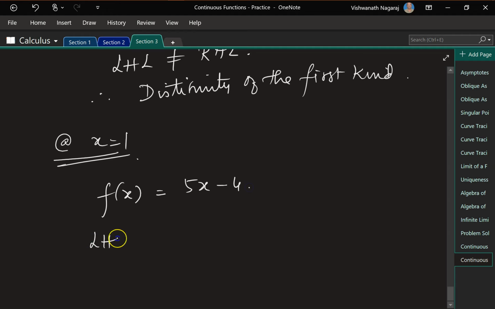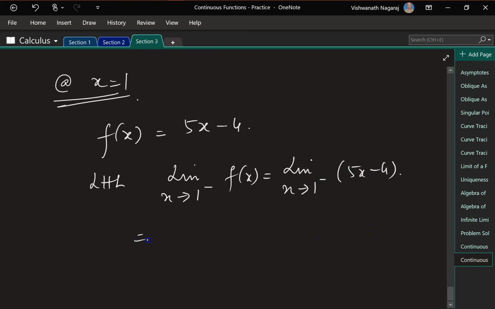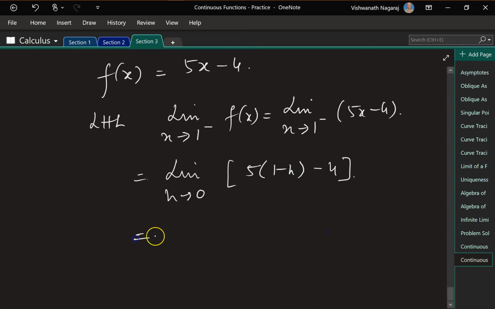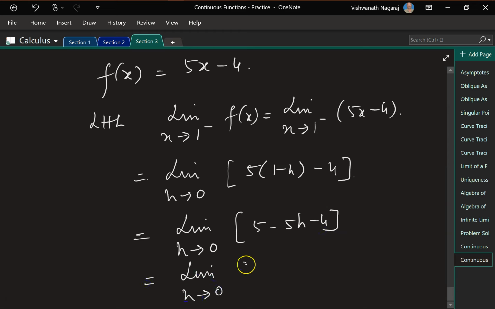Now let's look at LHL, that is limit as x approaches 1 from the left hand side of f of x, which is equal to limit as x approaches 1 from the left hand side of 5x minus 4, which is equal to limit as h approaches 0 of 5 times 1 minus h minus 4, which is equal to limit as h approaches 0 of 5 minus 5h minus 4, which is equal to limit as h approaches 0 of 1 minus 5h.